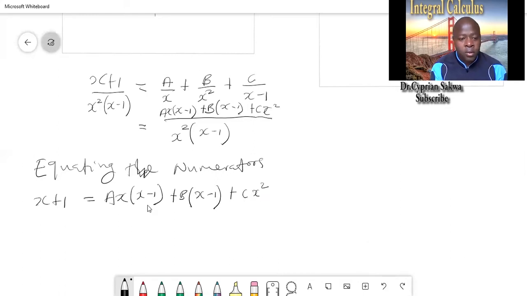Now what I'm supposed to do at this point is to get the values of a, b, and c.